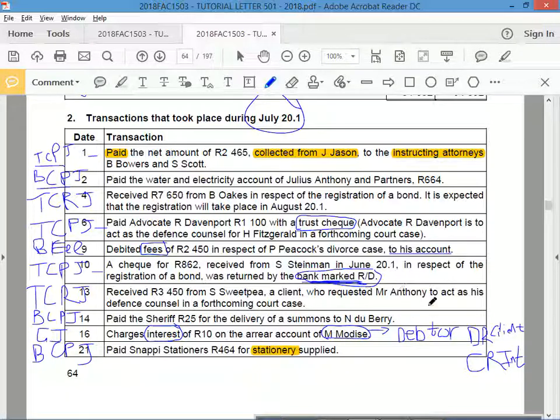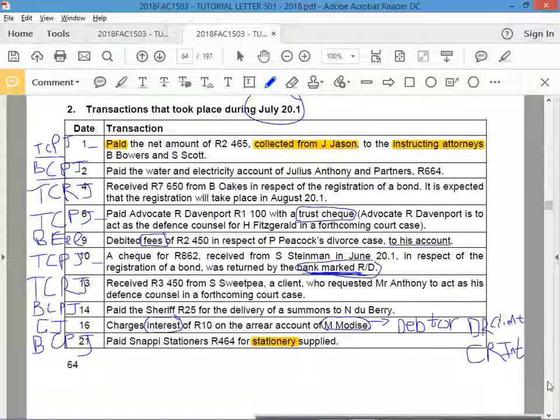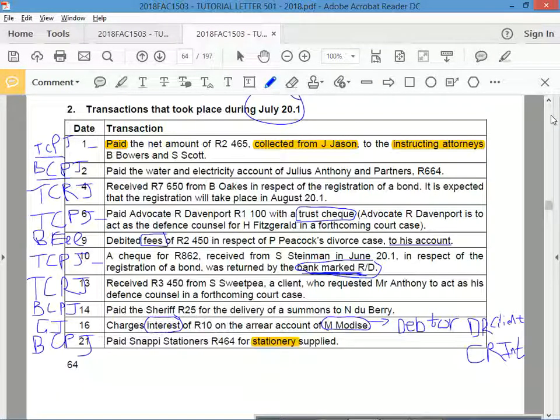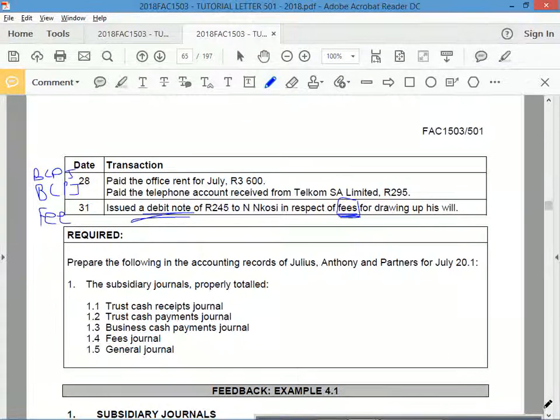Is that what they had? Let's have a look. This is the balancing at the end. Looking at the trust CPJ, we've got 1, 6, and 10 there. That was fine. Did we have 4 and 13 there? Just go back and check for us. 4 CRJ, 13, yes. That looks right, so that was fine.